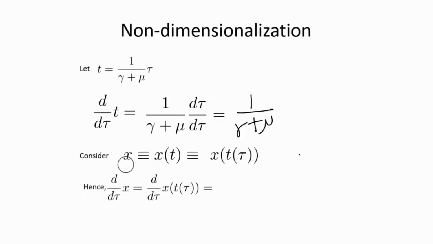This means that if we're interested in the derivative of x with respect to the new time variable tau, we're differentiating x of t, which itself is a function of tau. You may see what's going on here. We're differentiating with respect to tau, and to do that we have to differentiate x, which is a function of t, and t is also a function of tau.